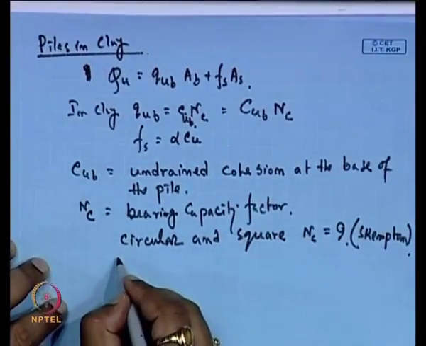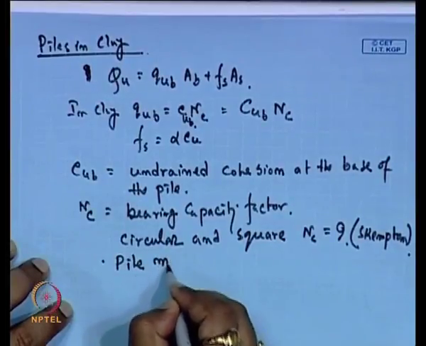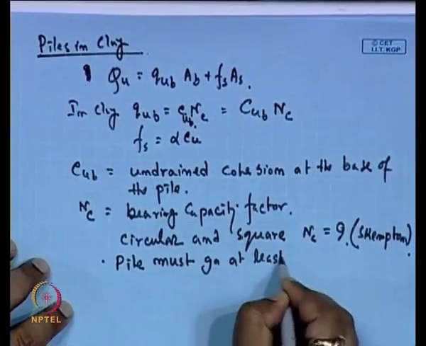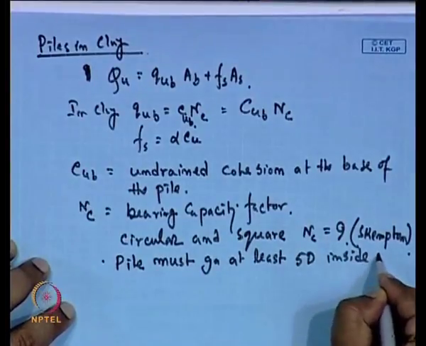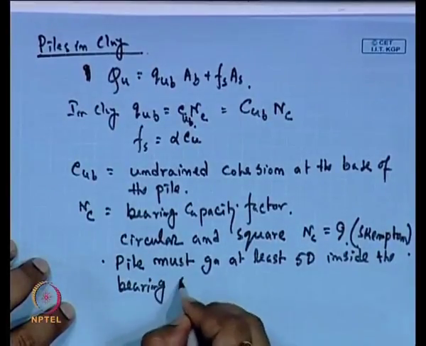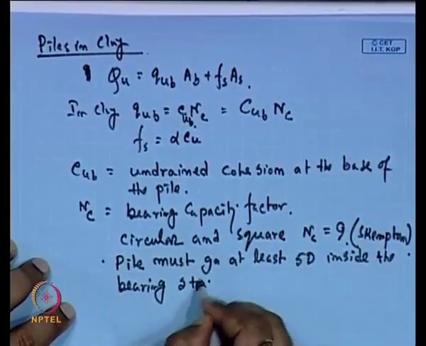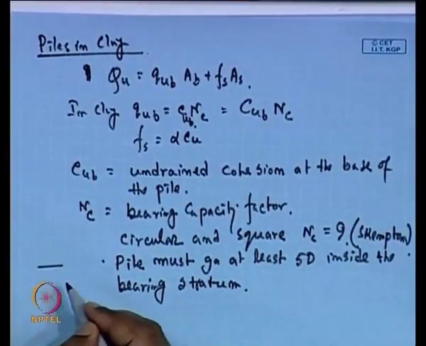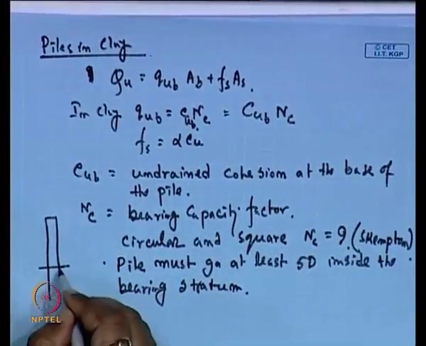The condition here is that the pile must go at least 5D inside the bearing strata. Suppose this is the bearing strata and this is the pile.